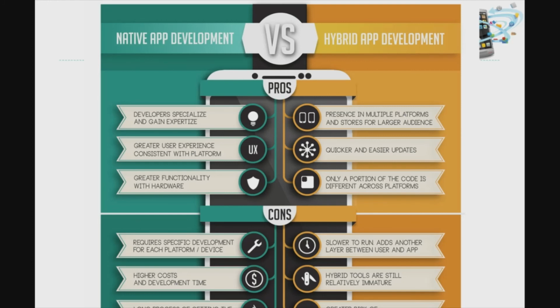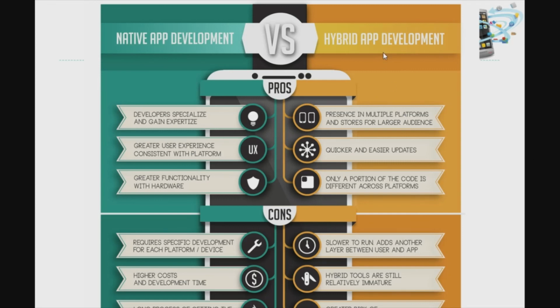Okay, for example here, the pros, the advantages of native development: developers specialize and gain expertise on that kind of platform. Greater user experience consistent with the platform. Greater functionality with the hardware, because it can be integrated with the hardware.